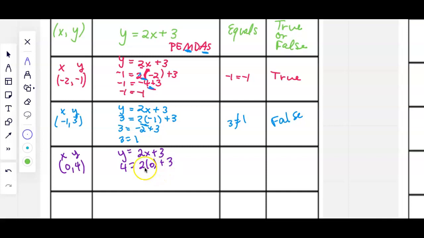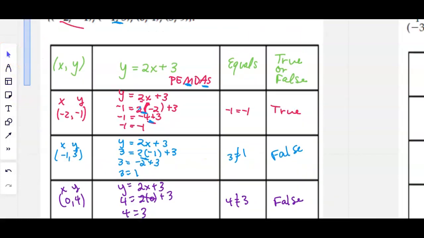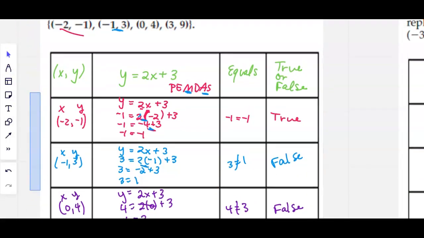I love 0 because 2 times 0 is 0, so that whole thing cancels out. We get 4 equals 3. That does not work. 4 does not equal 3, so that is false. And we have one last ordered pair left. Let's see. 3, 9.